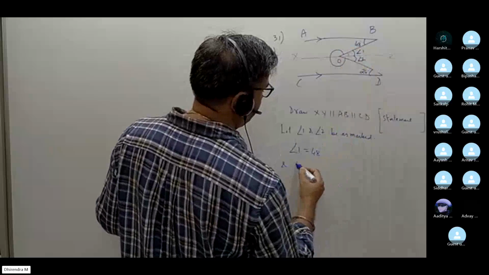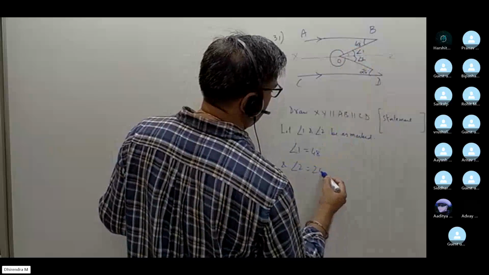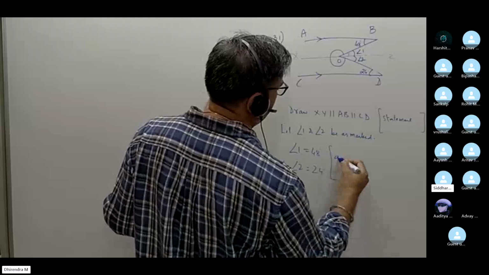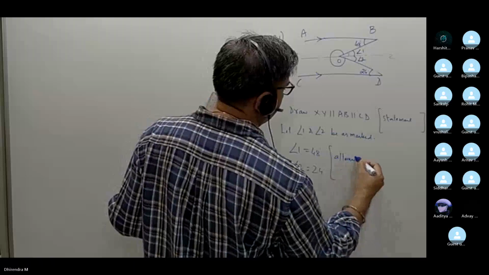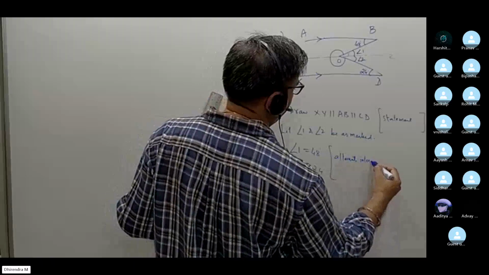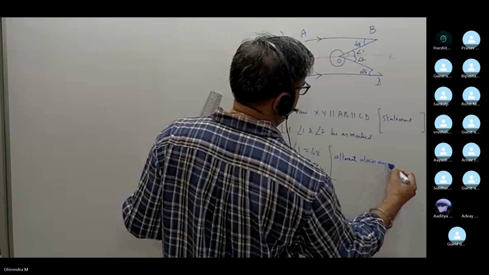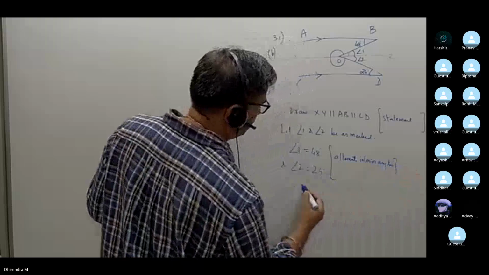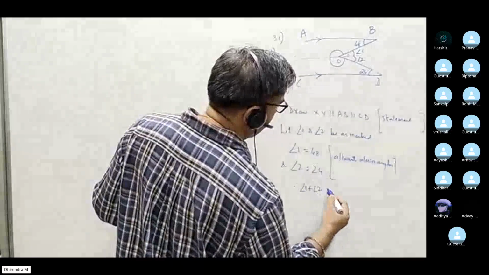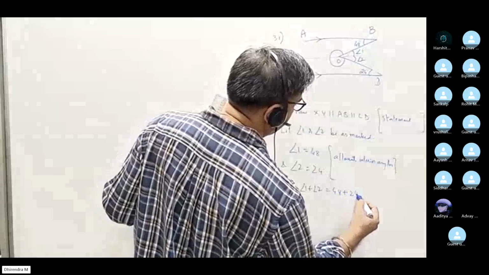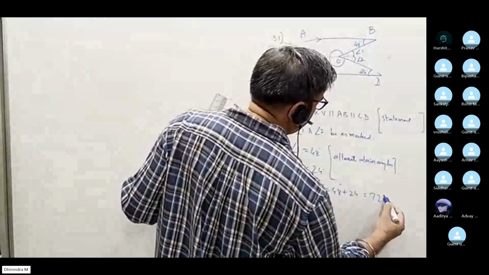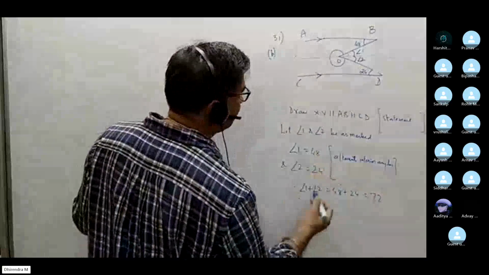Is that not equal to 48 degree? And angle 2, is that not equal to 24 degree? Alternate interior angles. Very good. Therefore, angle 1 plus angle 2 is equal to 48 plus 24 is equal to 72 degree.